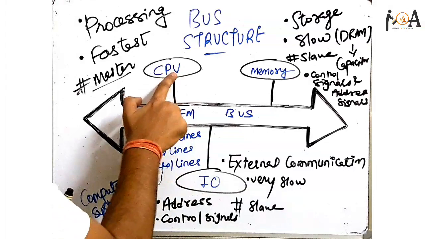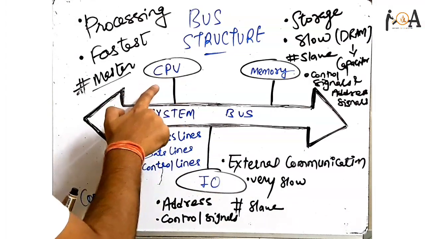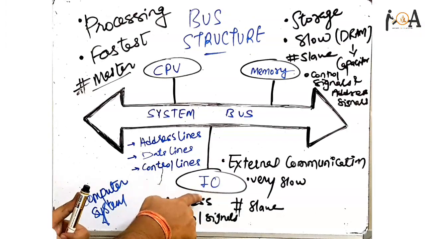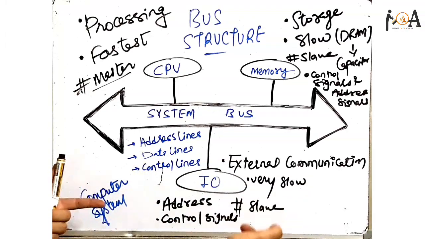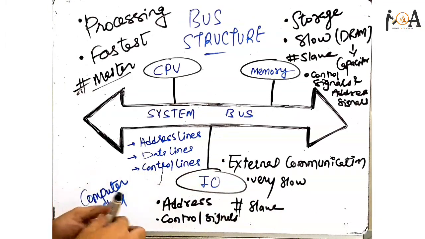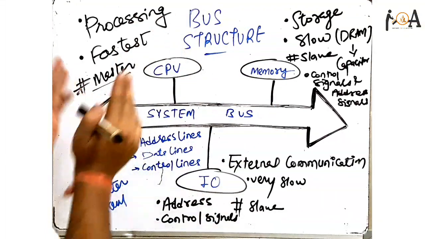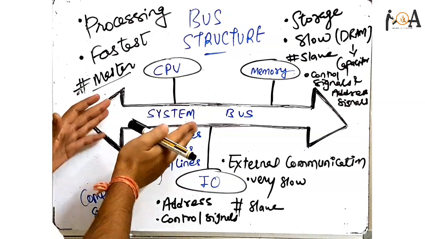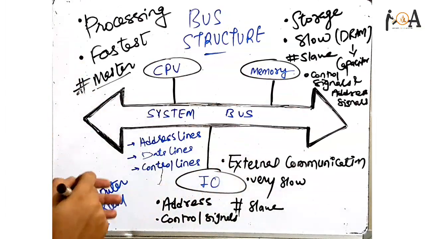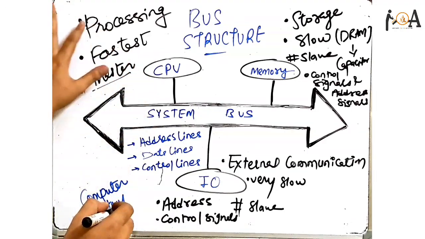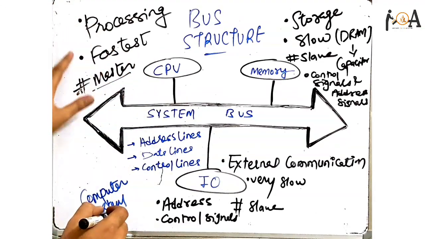Then the CPU, which consists of the control unit and the arithmetic logic unit. Then input-output devices, your peripheral devices like printers, machines, scanners. So this is the whole computer system, and this system bus connects all the components of a computer system.